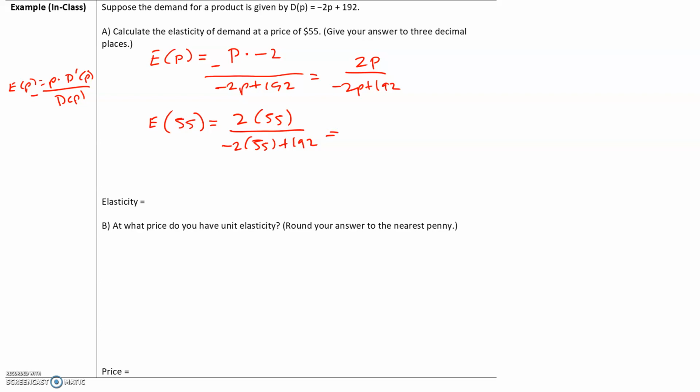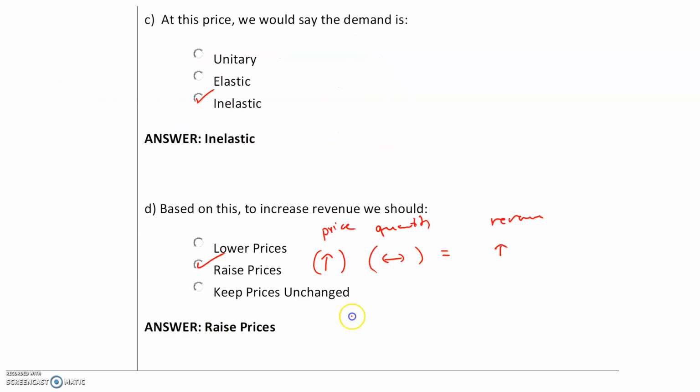And if we evaluate this, this will give us 1.341. So the elasticity of demand at $55 is 1.341. Okay, now let's go back. What does that mean?